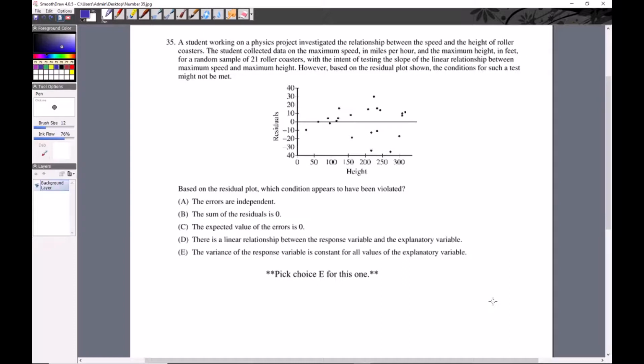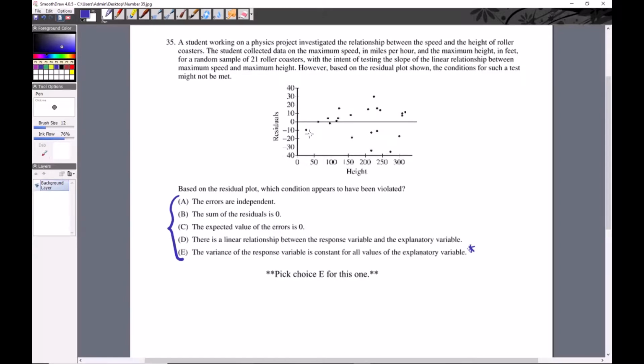You probably could have answered this one just by guessing, with some thinking about it. These are all ways to verify your conditions for a linear regression t-test or interval. And I think the most obvious one that's violated is this one here: the variance of the response variable is constant for all values of the explanatory variable.